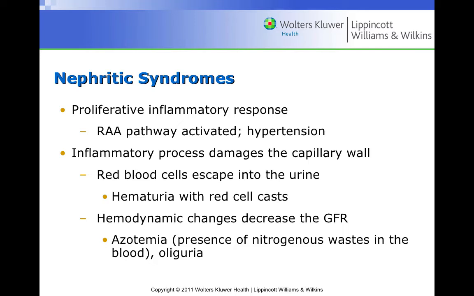Nephritic syndromes are generally caused by an inflammatory response, and this inflammatory response then creates a decreased permeability of the membrane, creating the signs and symptoms that we see of blood in the urine, hematuria, a mild proteinuria, a diminished glomerular filtration rate.